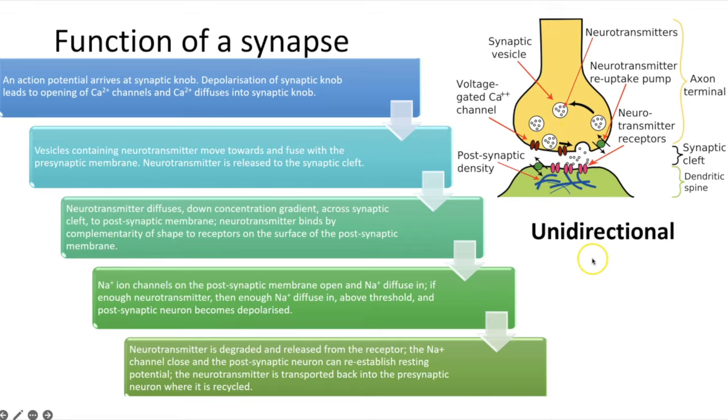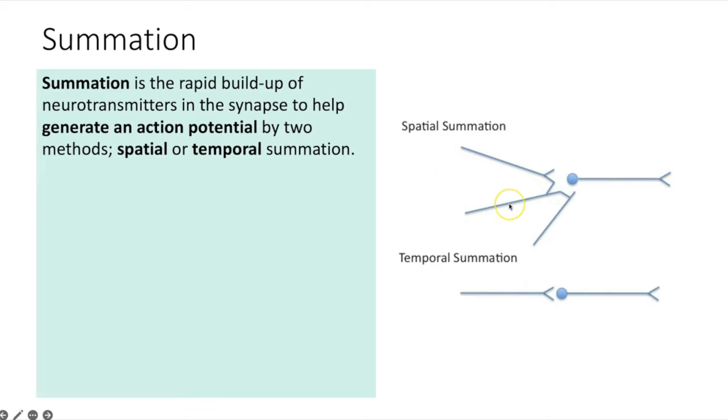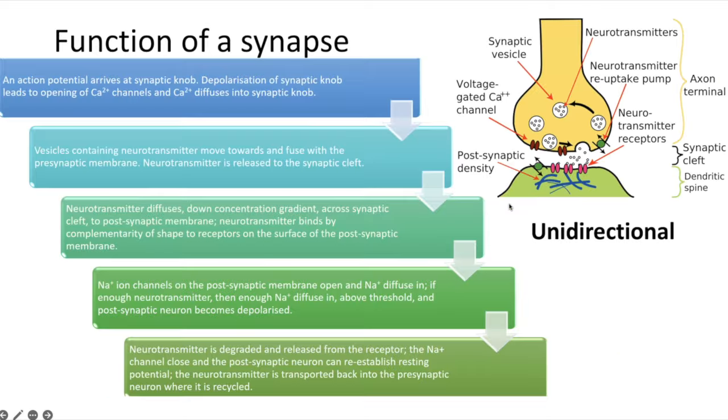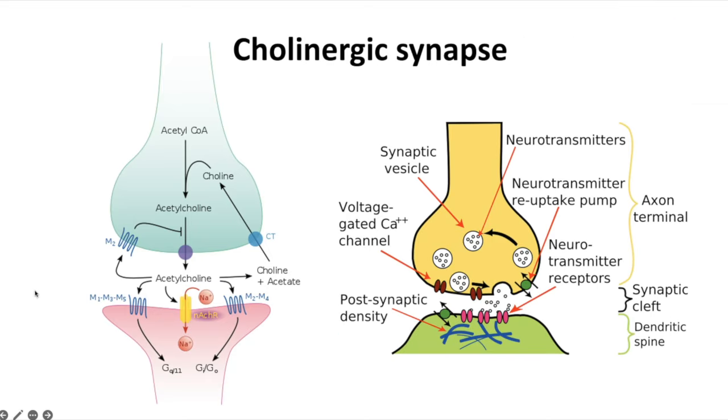So this response is unidirectional. It's unidirectional for a few reasons. First of all, you only have the vesicle containing the neurotransmitter in the presynaptic neuron. You only have the receptors that the neurotransmitter binds to on the postsynaptic neuron, and the neurotransmitter diffuses across because of the concentration gradient. Now, an exact example of this synapse response or transmission across the synapse is a cholinergic synapse.